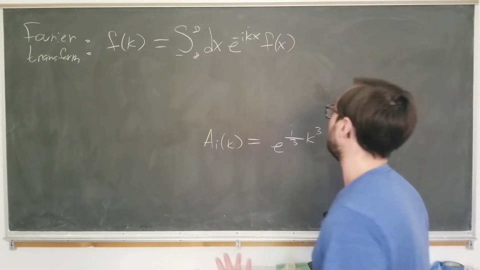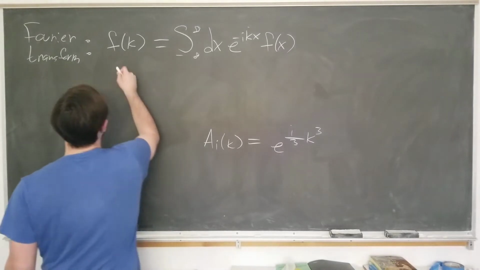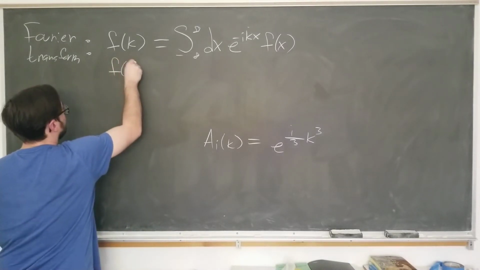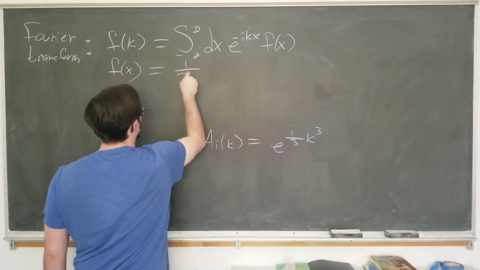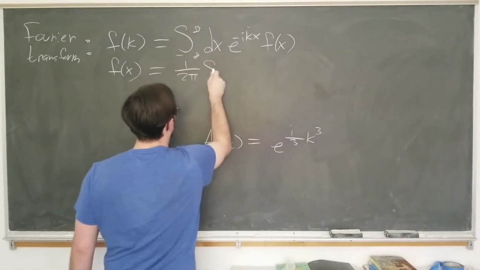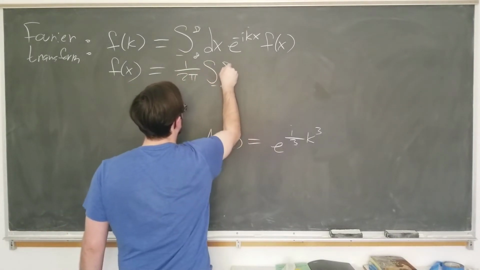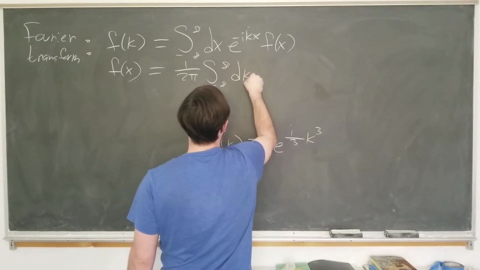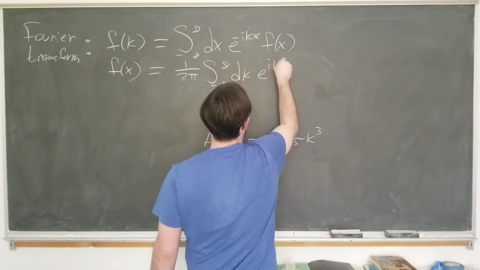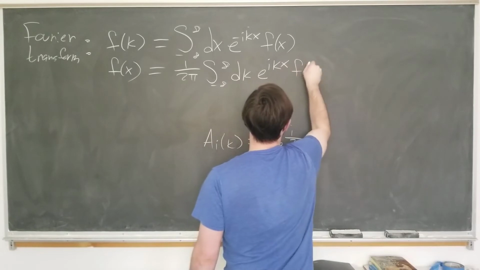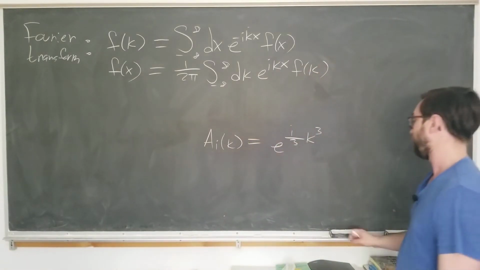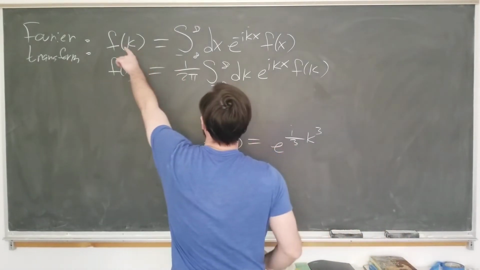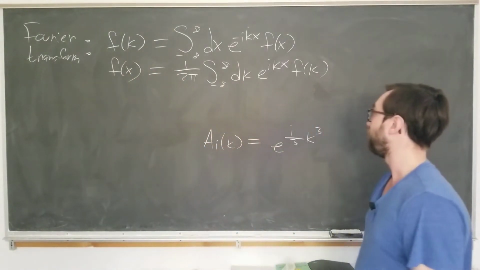And if we wanted the inverse transform, we had an f of k, and we wanted to get an f of x, we have to multiply by 1 over 2 pi by convention. We would integrate with respect to k, e to the positive ikx, f of k. Just standard definition. So this is the Fourier transform, this is the inverse Fourier transform.